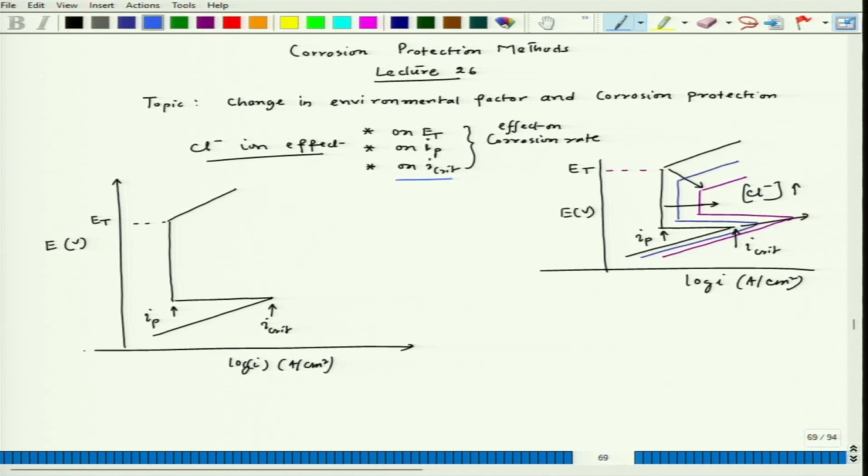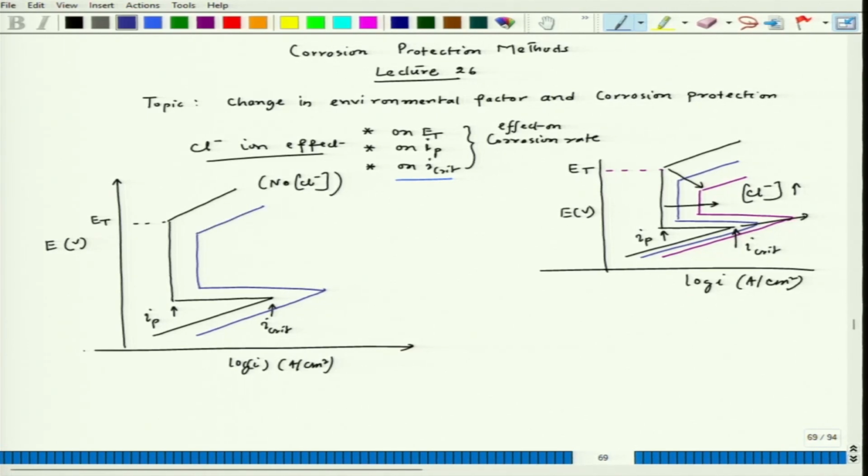So, now if we have chloride ion, let us say this is for the condition of no chloride ion presence. Now, if we have chloride ion, the graph would move in the forward direction. So, let us say it moves like this. Okay.